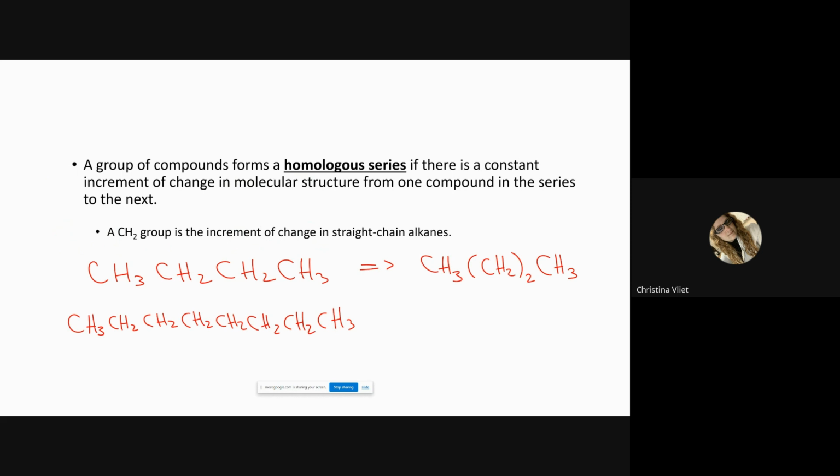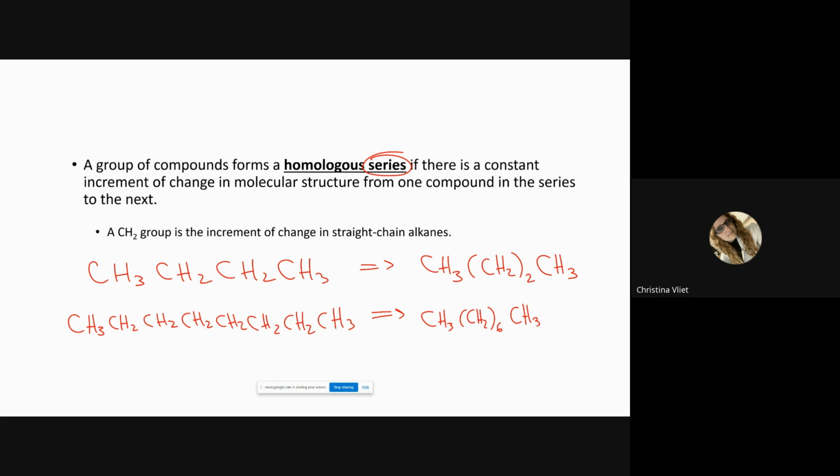Instead of writing all of this, 1, 2, 3, 4, 5, 6, 7, 8, you could take these 6 CH2s in the middle and write CH3, CH2, 6, CH3. The difference between these molecules is just that you keep adding CH2s, right? CH2, CH2, CH2, CH2. This is what we call a series.